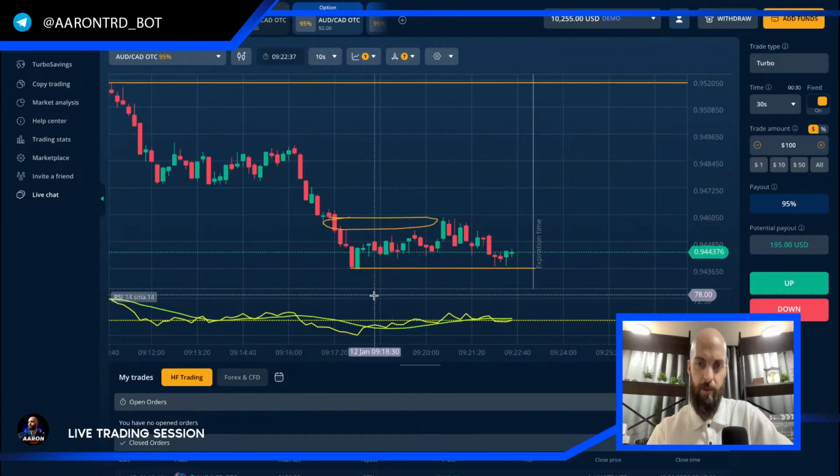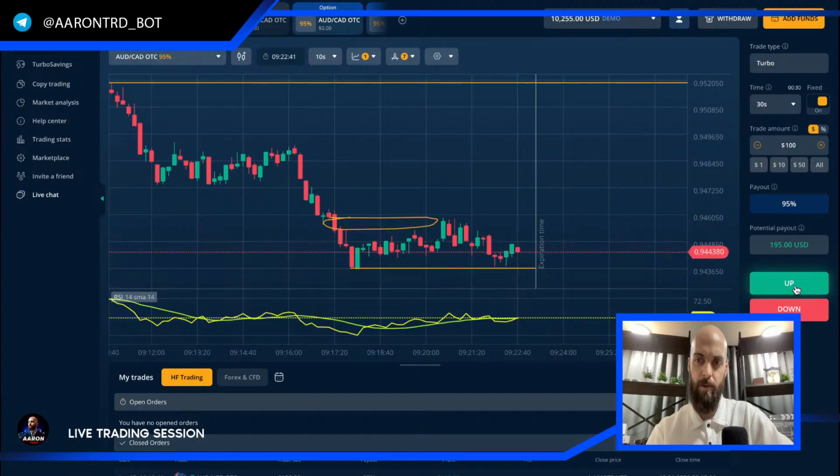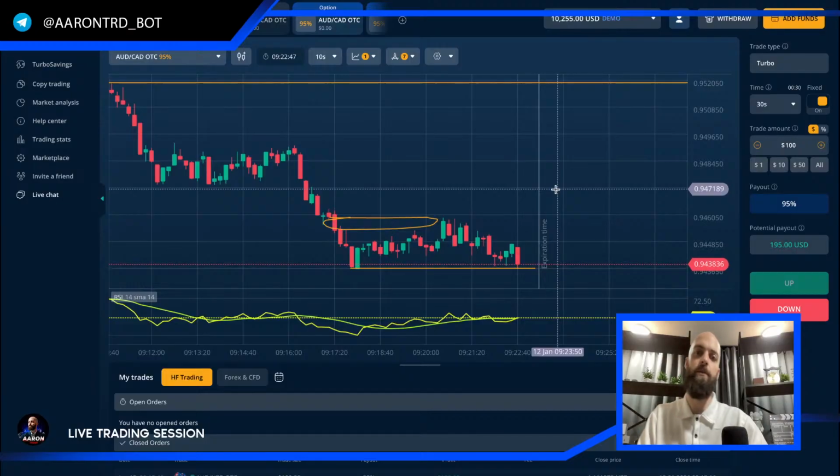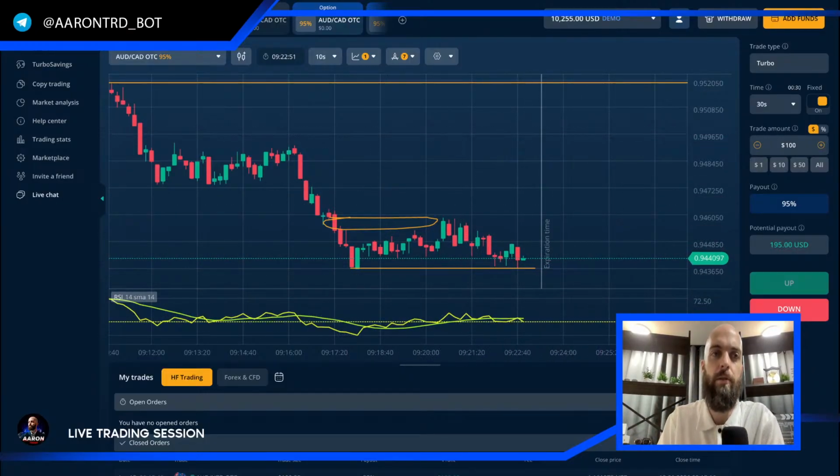So far it's pretty good. We've got higher momentum and touch. Okay, let's go ahead and give it a shot here. It's at our zone. Momentum's on its way up.